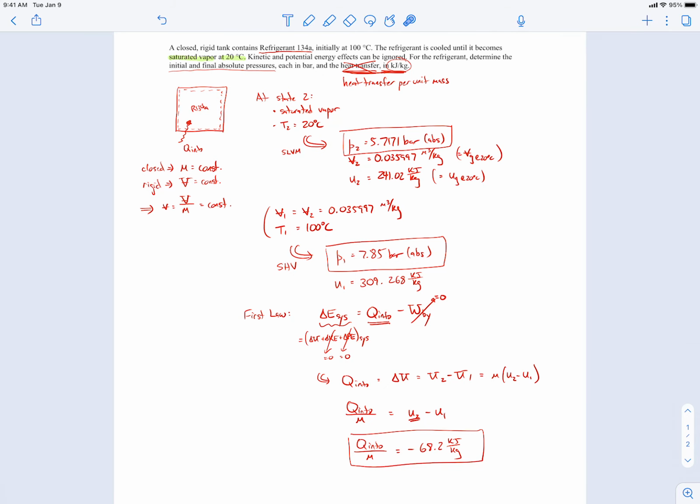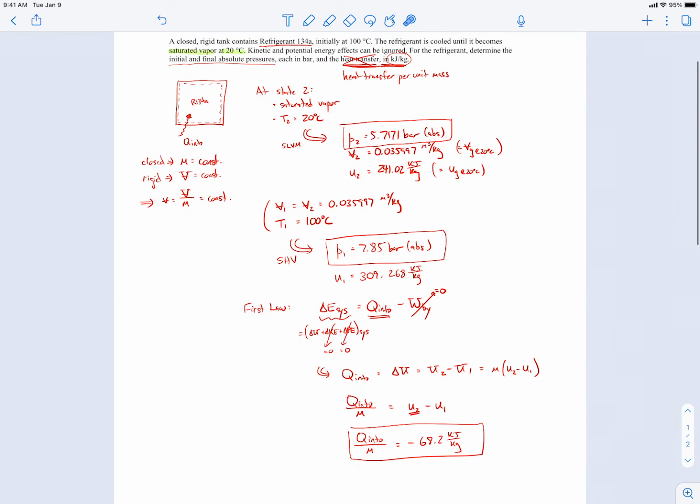We had to do some linear interpolation to do that. And then to find the heat transfer per unit mass, we made use of the first law, recognized that there was no work being done because it was a rigid tank, and then just used our specific internal energy values to calculate the heat transfer per unit mass. And we found that the heat transfer was actually coming out of the control volume. Okay, we'll end it there.